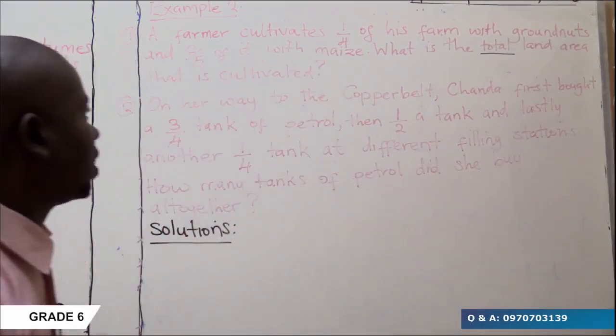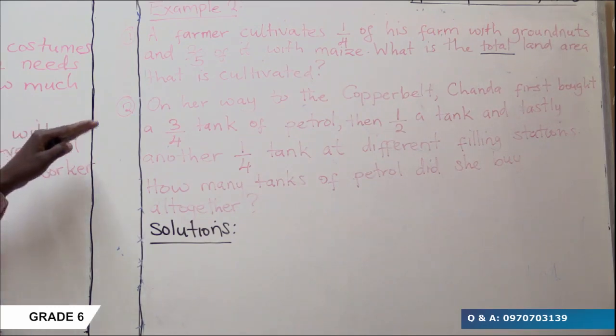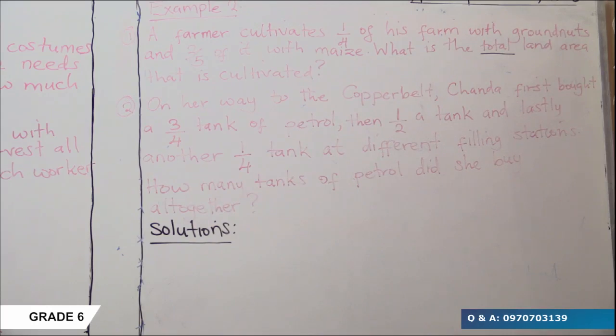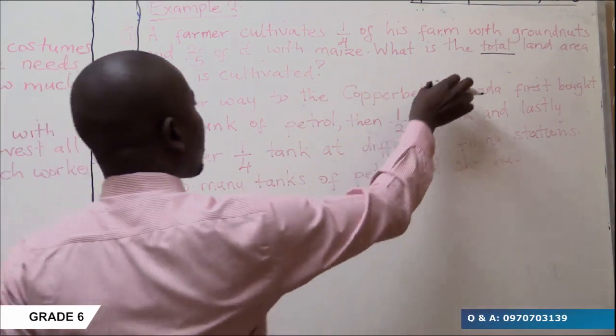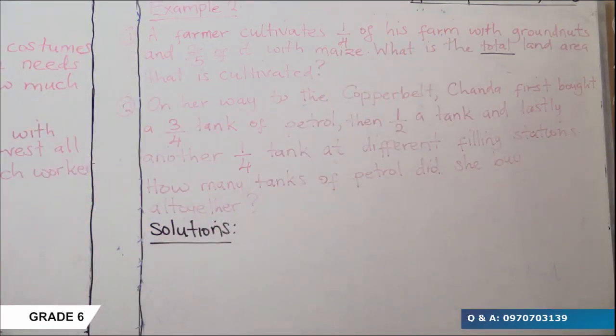The question says a farmer cultivates 1/4 of his farm with groundnuts and 2/5 of it with maize. What is the total land area that is cultivated? From the word total, we know that we are going to add the 2 fractions.